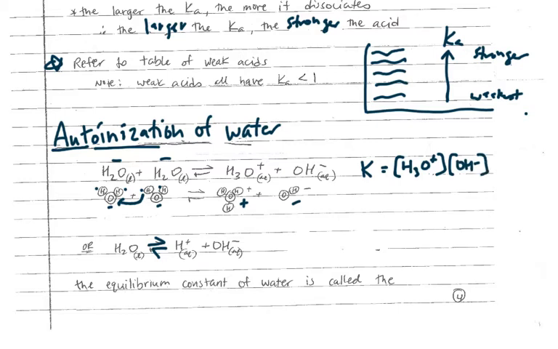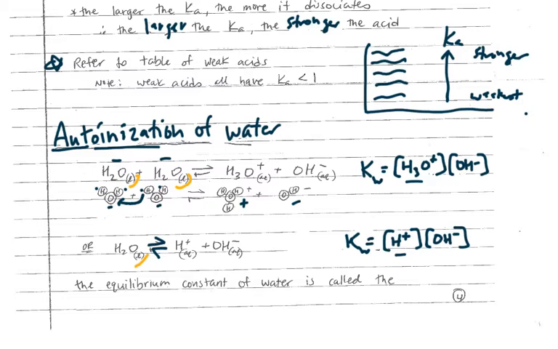But notice that the reactants, the water molecules, are all liquids, so they don't actually go into the equilibrium constant expression. And for this bottom version, we would write it like this. Remember, in acid-base chemistry, hydrogen ions and hydronium ions are basically the same thing. They're equivalent.